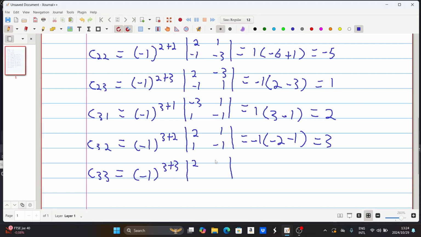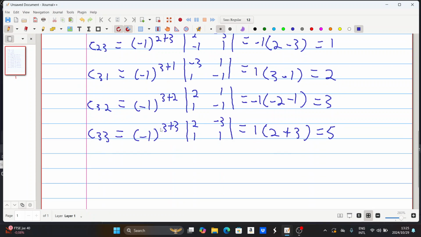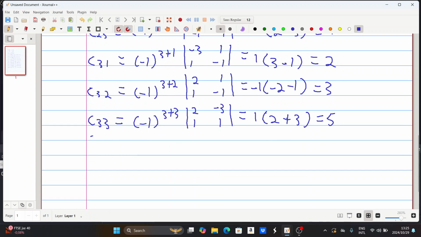This is going to give us positive 1, multiplied by 1 times 2 is 2, and then 1 times minus 3 is minus 3, and then this is going to be plus 3, which is 2 plus 3 is 5 times 1, that's going to be 5. Then we've found our cofactors, and then we can do a cofactor matrix.